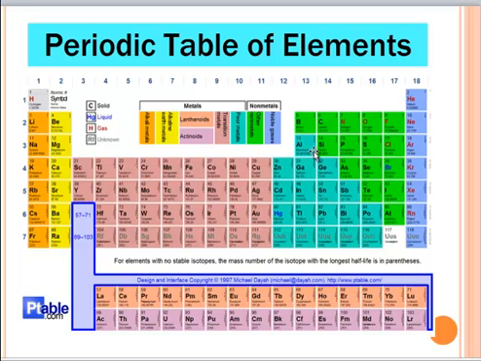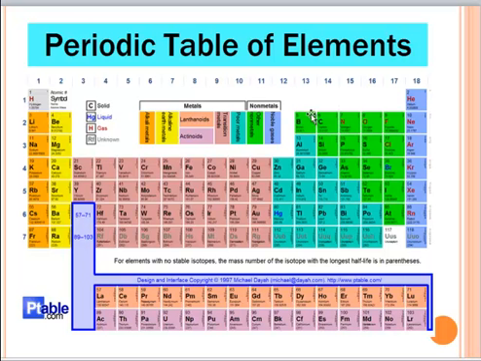The other interesting feature I'd like to point out is that for groups 1 and 2, the sublevel with the highest energy, which means the latest filled sublevel, ends up on s, so it's s1 and s2.